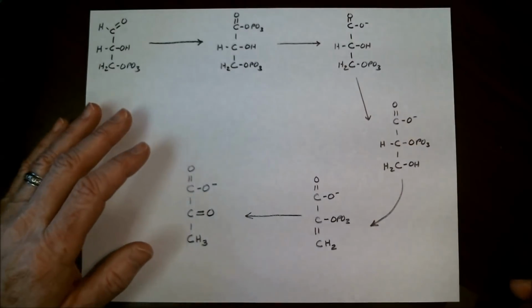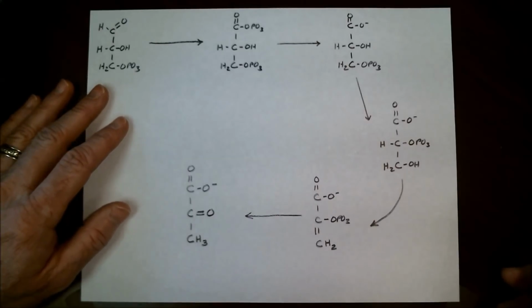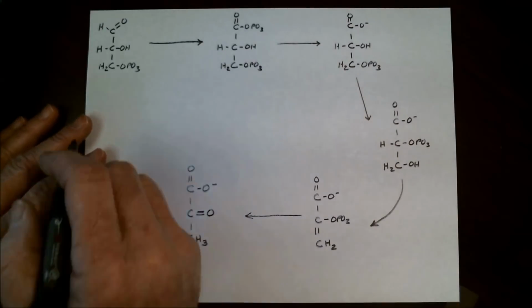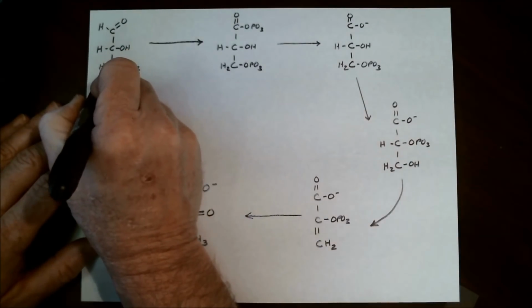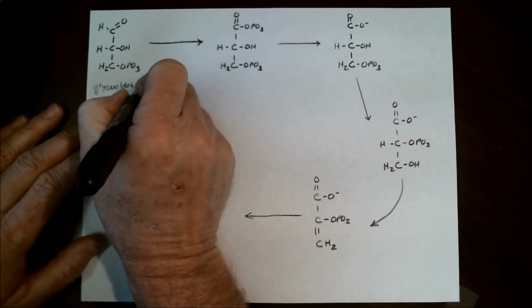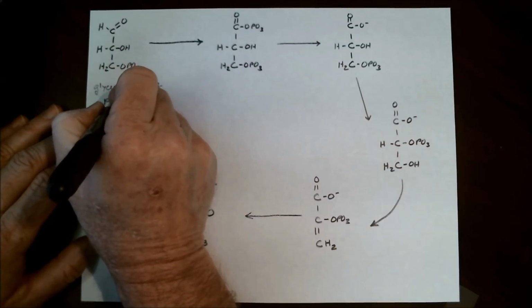Okay, so now let's conclude looking at the reactions in glycolysis by focusing on the ATP generating phase of the pathway. So we are going to be picking up with glyceraldehyde 3-phosphate.